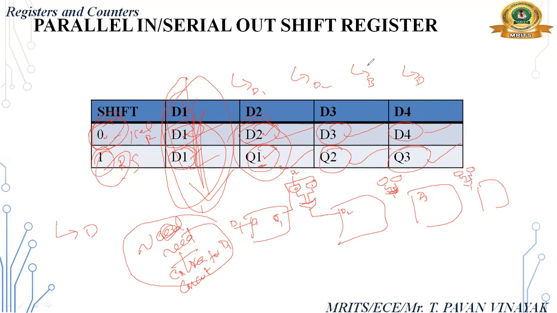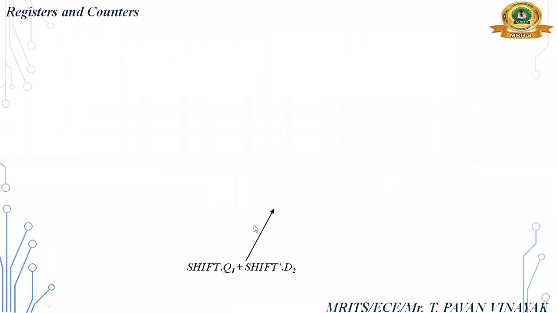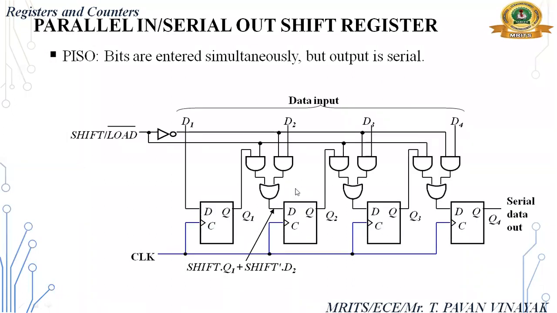Let us see the connection clearly. This table is important. For the first flip-flop I am giving D1 directly. This line is 0. This line is 1. So this is 1, 0, 1, 0, 1, 0. For 0, I am giving D4, D3, D2, D1, because when load is 0, it performs parallel load, right?